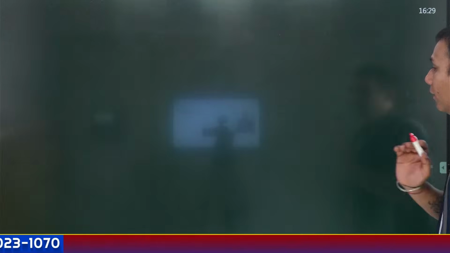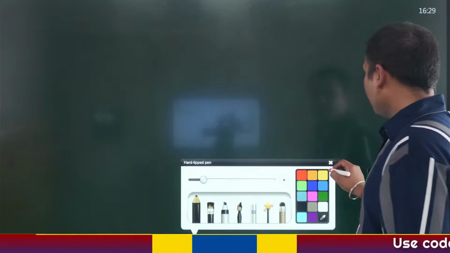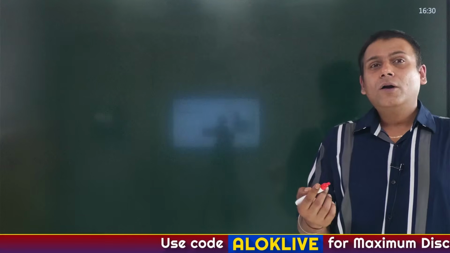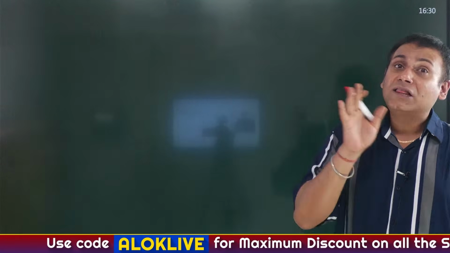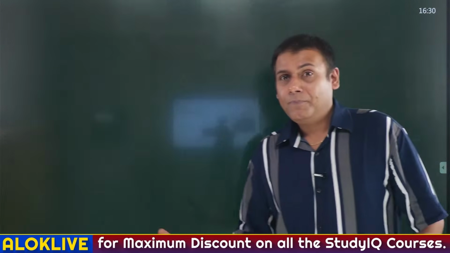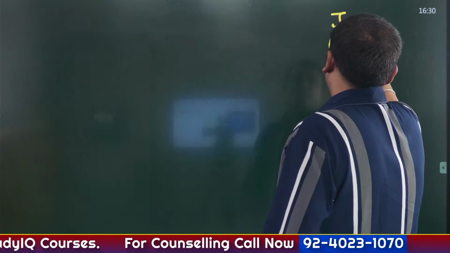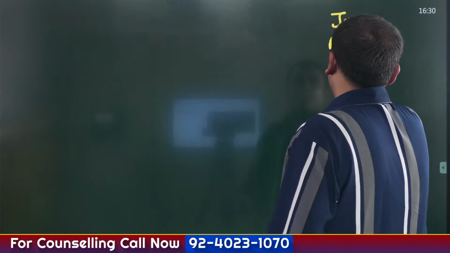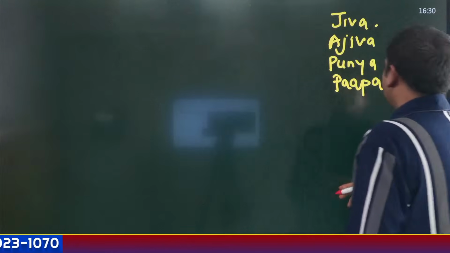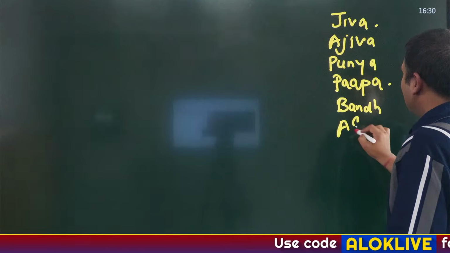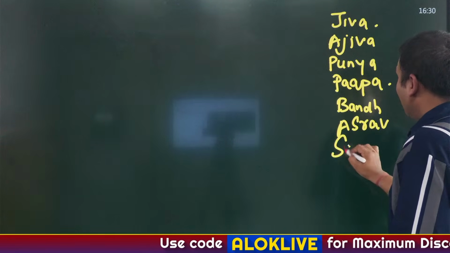and that principle precisely is nothing but the 9 Tattvas of Jainism. There could be a probable question on which among the following are the 9 Tattvas of Jainism. Now just listen to me carefully. Jeev, Ajeev, Punya, Paap, Bandh, Asrav, Samvar.